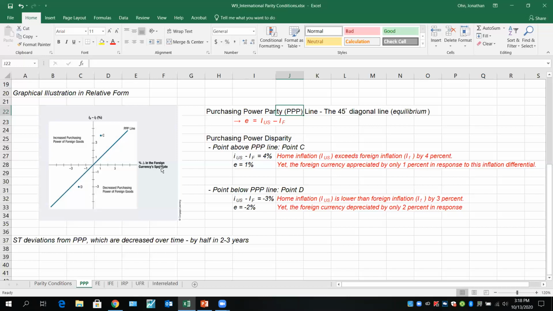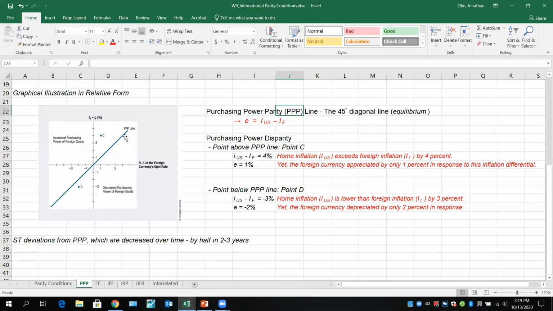This means the percentage change in exchange rate will increase. The exchange rate should appreciate and move the whole thing toward the purchasing power parity line. It will continue to appreciate until it hits the purchasing power parity line. That's the adjustment process by the exchange rate.